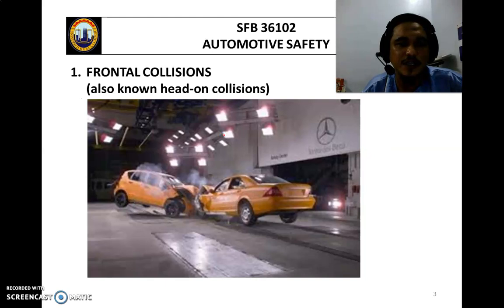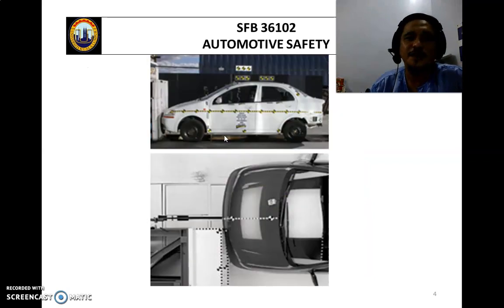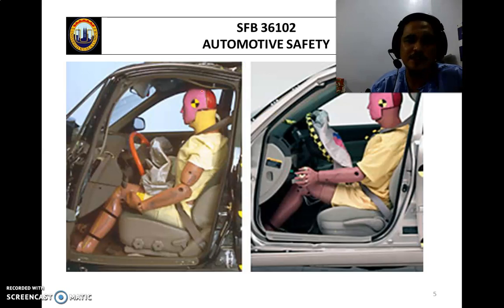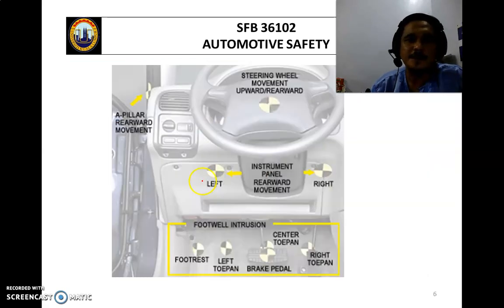Frontal collision is also known as a head-on collision, which is an accident between two vehicles from the opposite direction. For the frontal test, we have several types of frontal simulation test, to study the level of injury and the effectiveness of the restraint system.